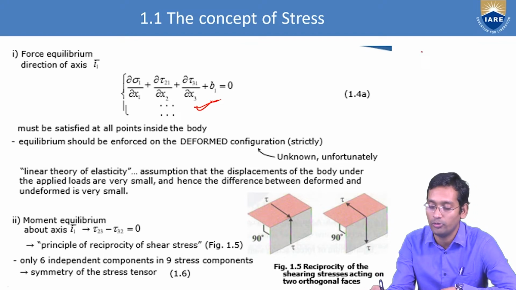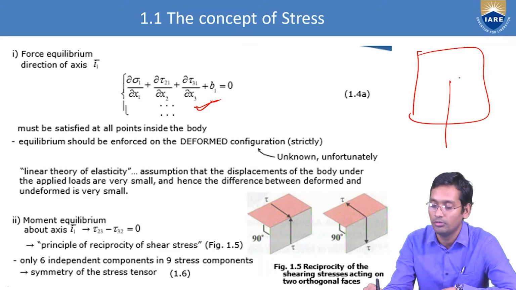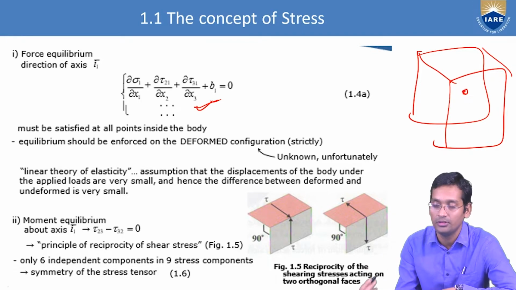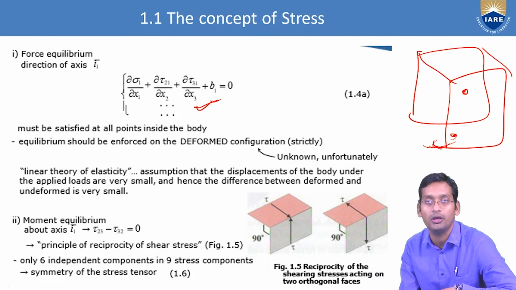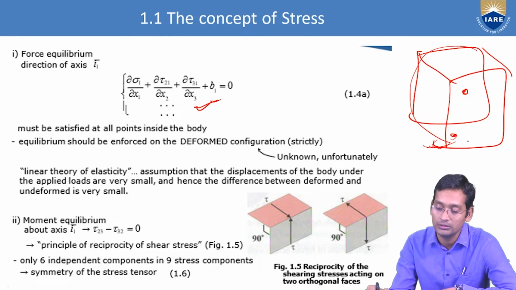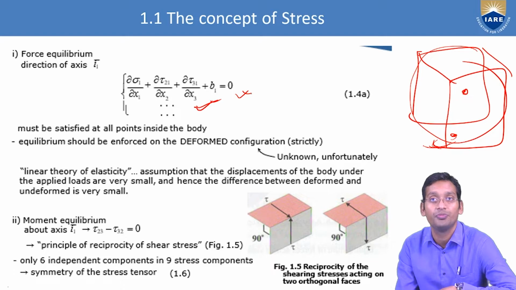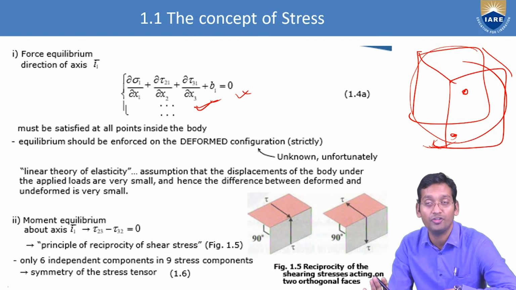It's not that it's 0 here and not 0 there. If it's not 0 somewhere, then some deformation or change will be there. Everywhere the sum of all the forces must be equal to 0, then only we can say it's in equilibrium. If it's not 0, then the deformation will be there, right?